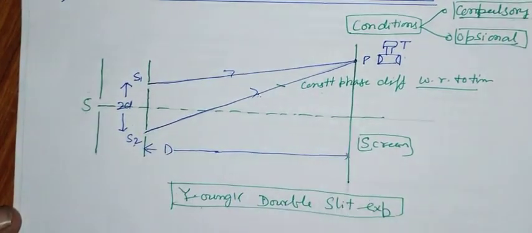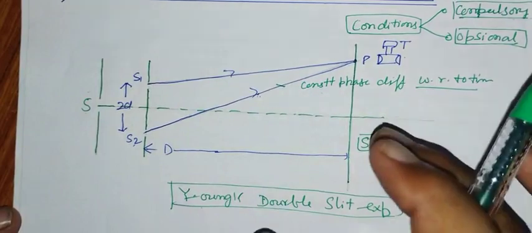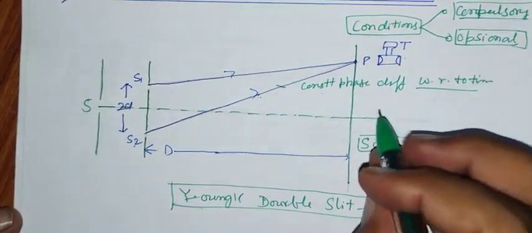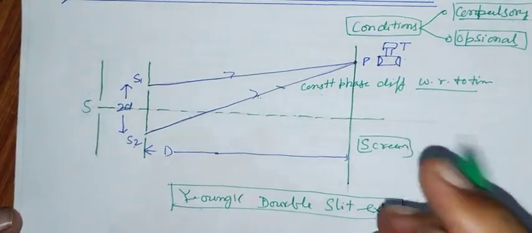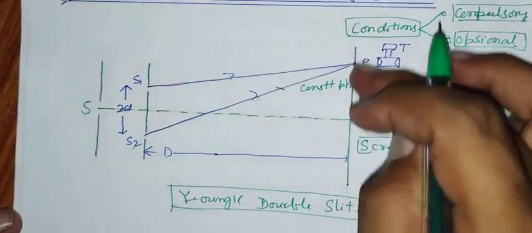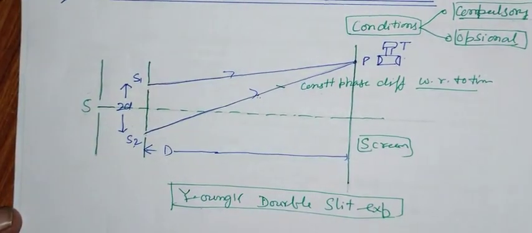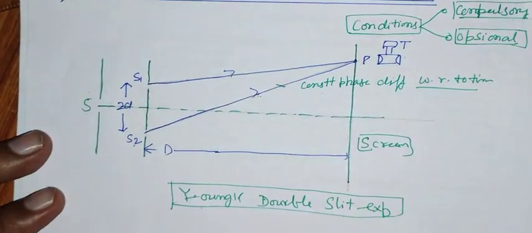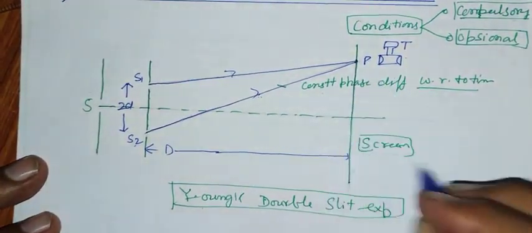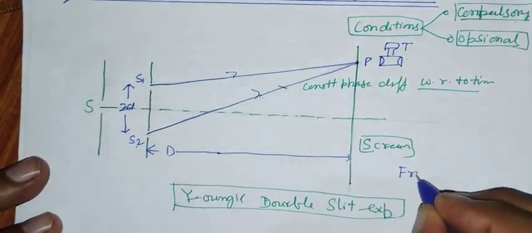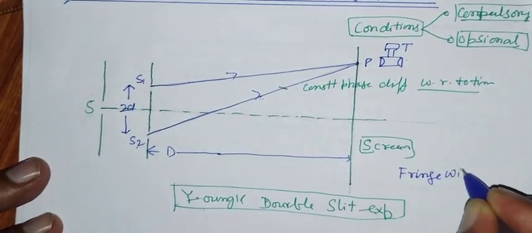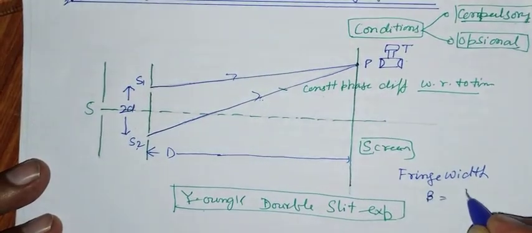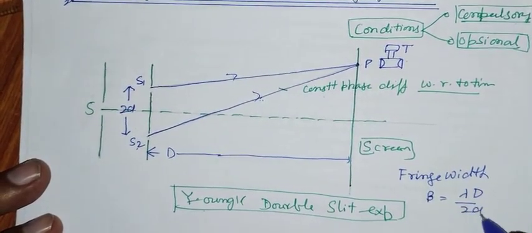Now, for good interference, there are some optional conditions, so that the bright fringes and dark fringes appear clearly in the field of view on the screen. For this, see carefully: the fringe width, denoted by beta, is given by lambda D by 2d.